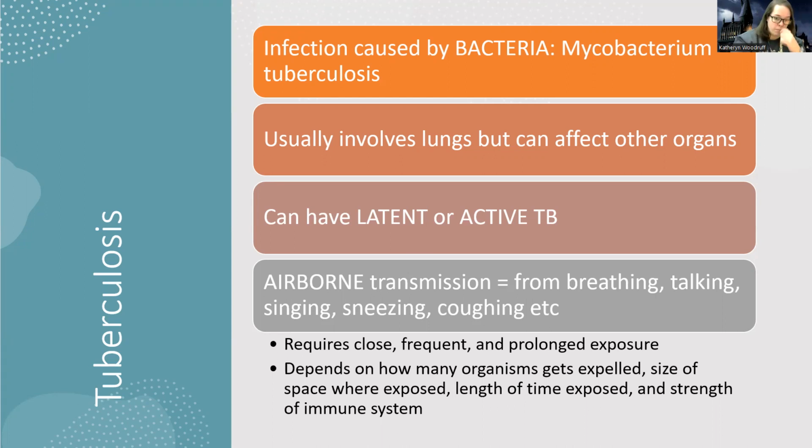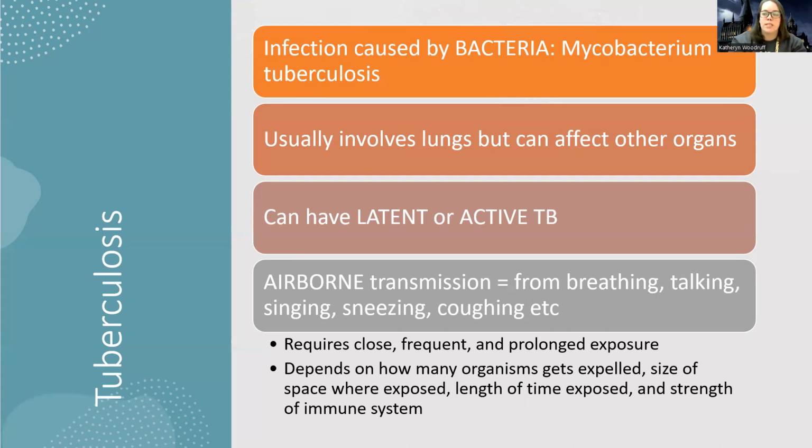So, for example, with tuberculosis, it usually only involves the lungs, but it can spread to other organs. Tuberculosis can be latent or active, which we'll talk about the difference there. And whereas pneumonia can be spread different ways, it's not an airborne disease, where tuberculosis is.